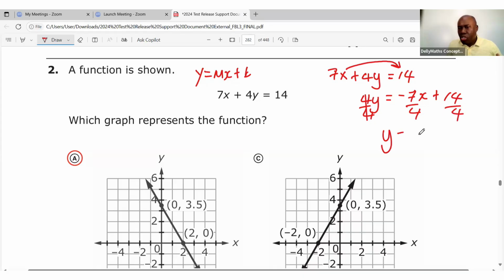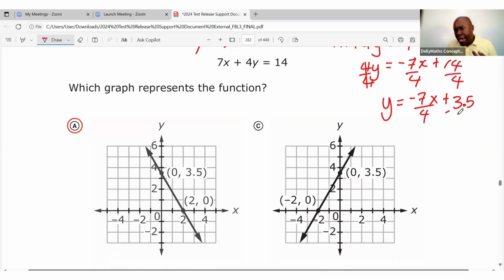So y is equal to negative 7 fourths x plus 3.5. So what we want to do now is to look for the key features. So this is my b value, my y-intercept. So I'm going to look for it. So definitely you could see that this is the answer.